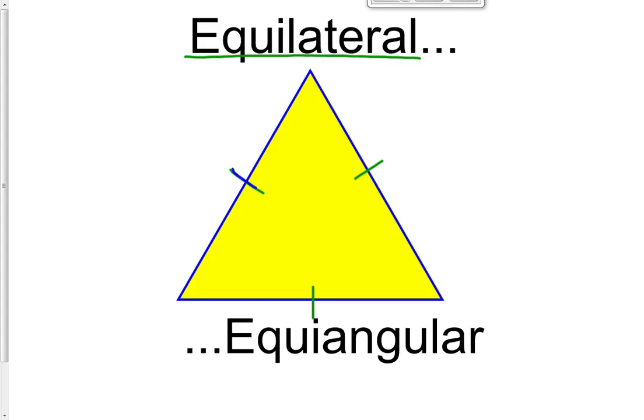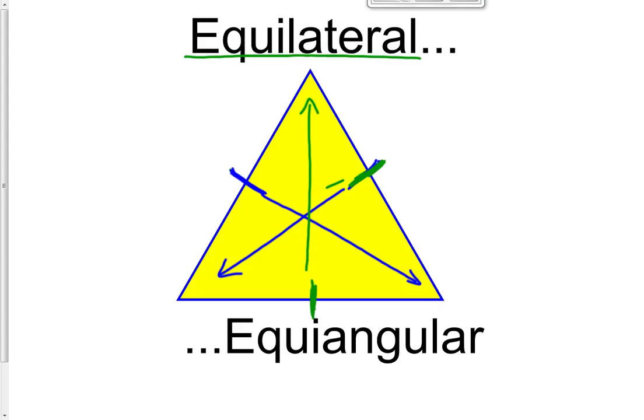If this length is congruent to this length, then the base angles are congruent to each other. And if this side is congruent to this side, then the angles opposite are also congruent to each other. And if this side is congruent to this side, then its opposite angles are congruent to each other.